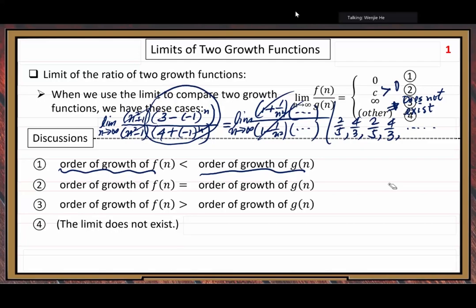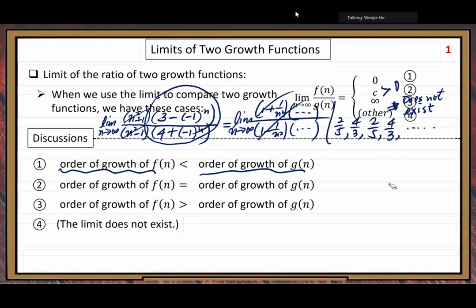But at this point, I didn't give you the definition of this order of growth concept. But here I can give you some concrete example, let you see what we are talking about when we say order of growth. Here I want to use the power function as the example.